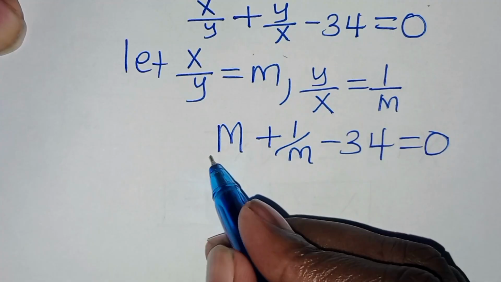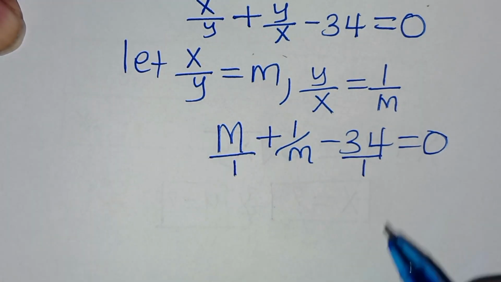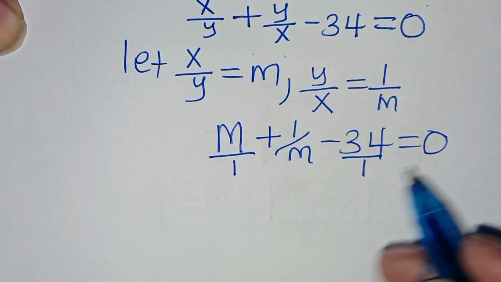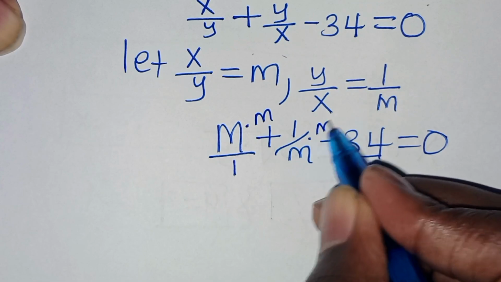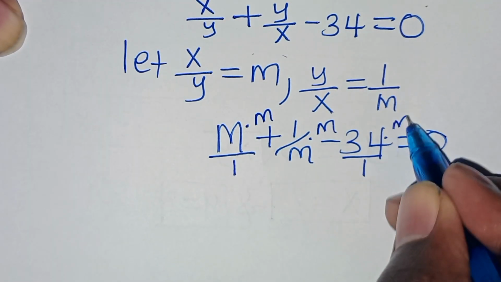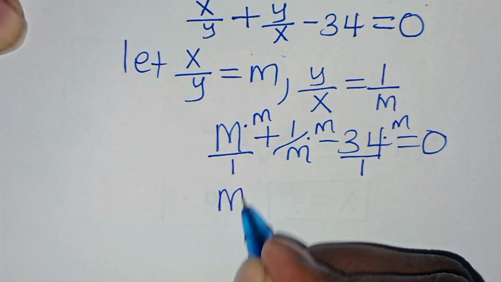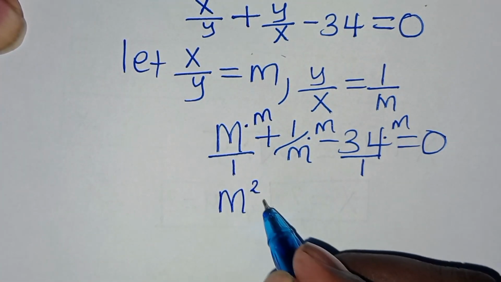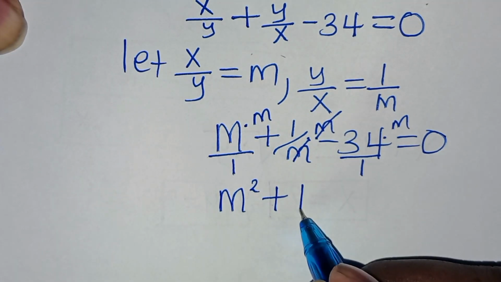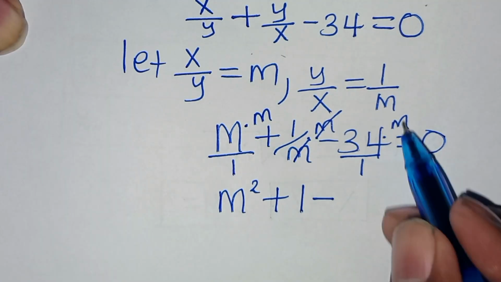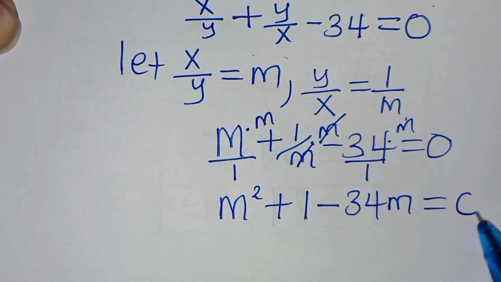So m is over 1, and 34 is over 1. Let's multiply everything here by m. So this is m times m, which is m squared, plus m times 1 over m, which simplifies to 1, minus 34m, equals 0.